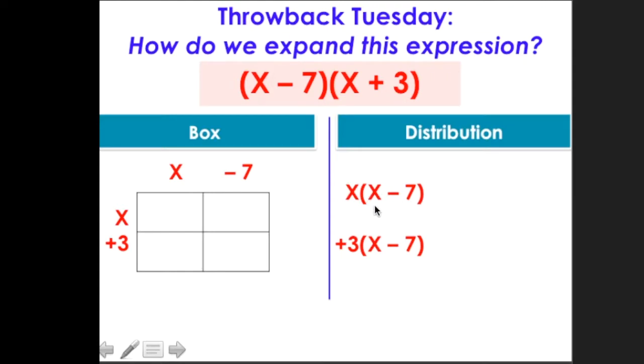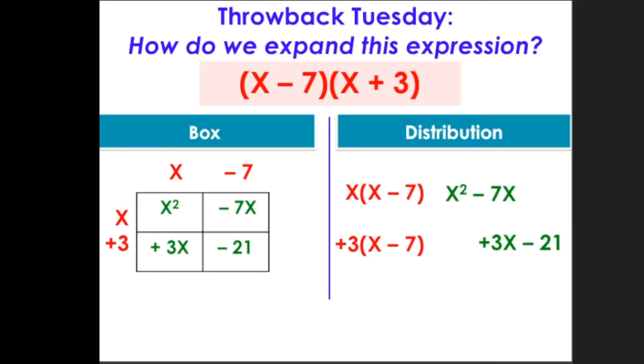X minus 7 is going to be multiplied with x. X minus 7 is also going to be multiplied by 3, each part of this second binomial. Now if you distribute that out, multiply it through, you should get this. X squared minus 7x plus 3x minus 21. Box method gets you the same exact thing. Okay, so we would write our final answer like this, right? And then we would simplify. It's the same thing for either method.